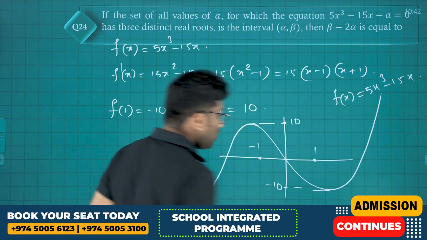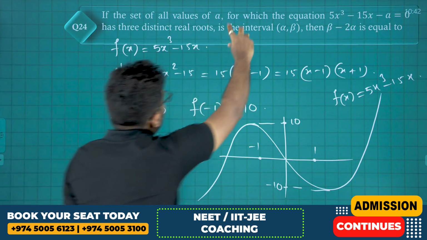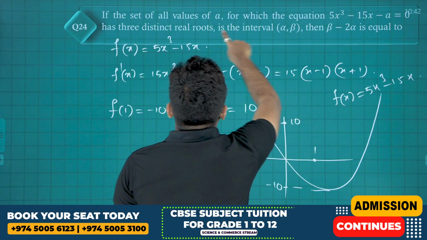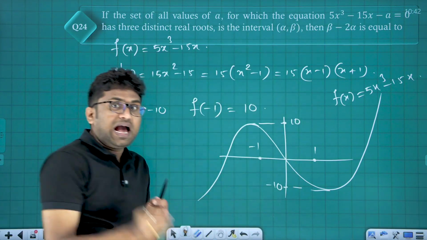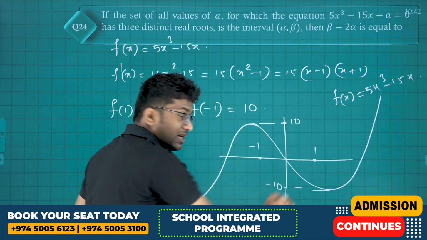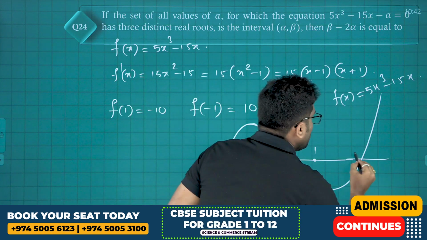Now see friends, if you are going to add a particular value, minus a, to this, as long as you add any value which lies in between minus 10 and plus 10, this function is going to have exactly 3 solutions.